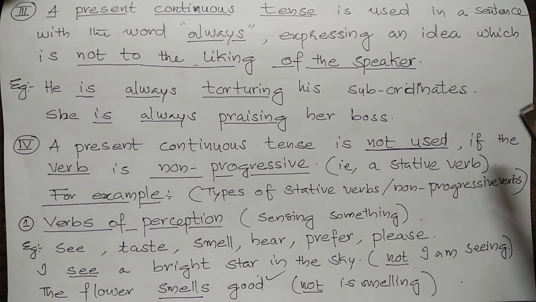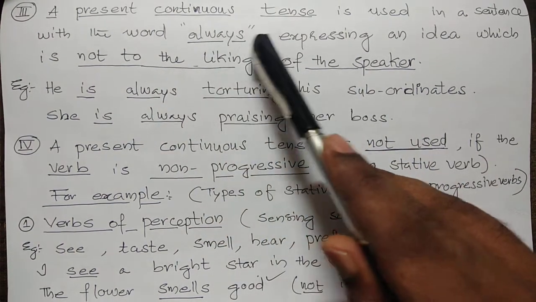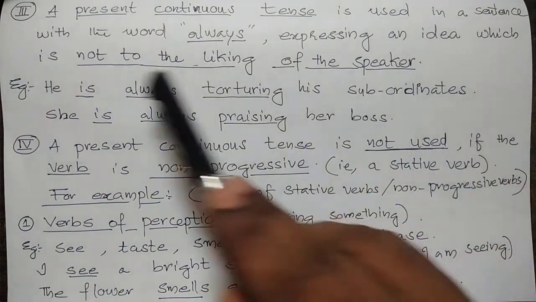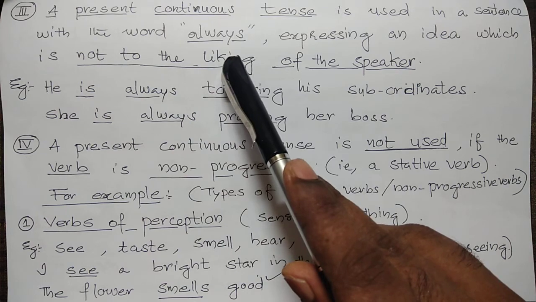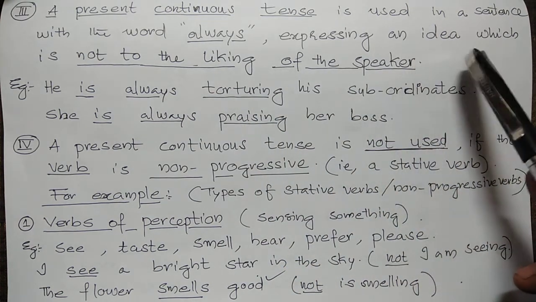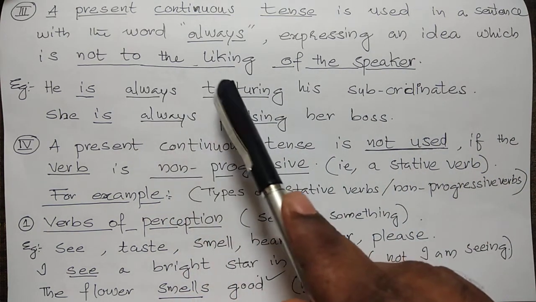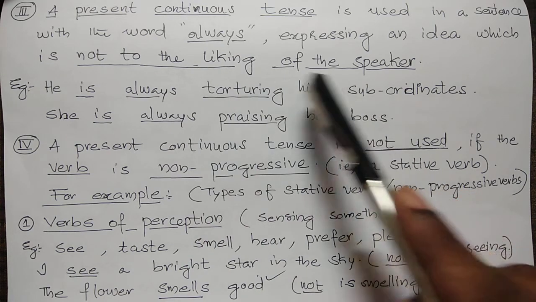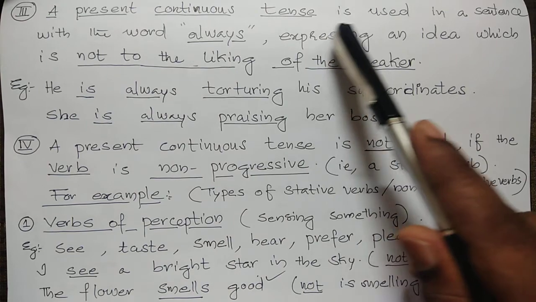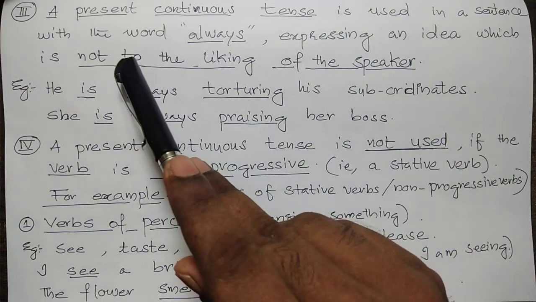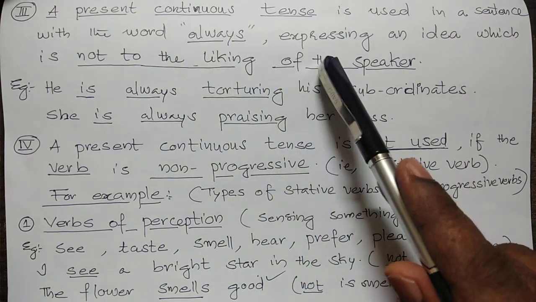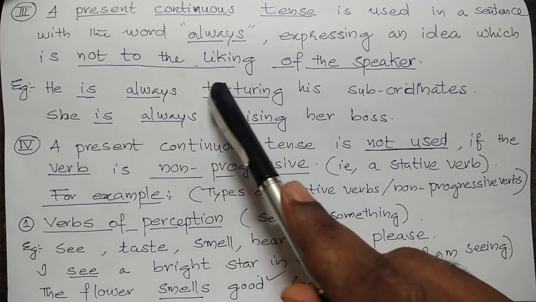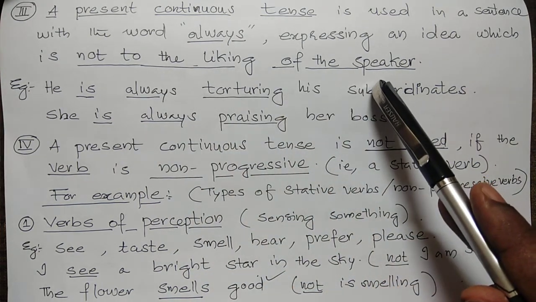Third one, a present continuous tense is used in a sentence with the word always expressing an idea which is not to the liking of the speaker.